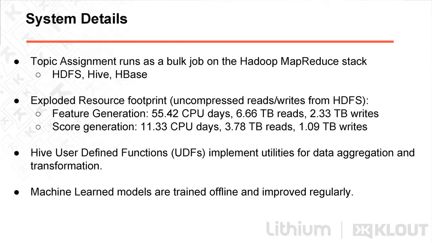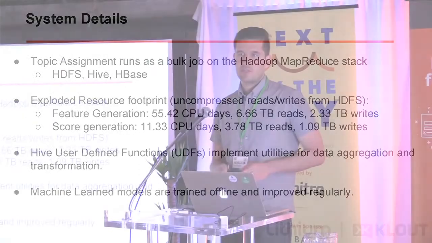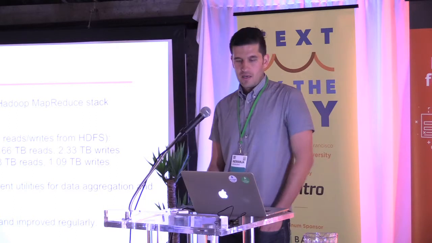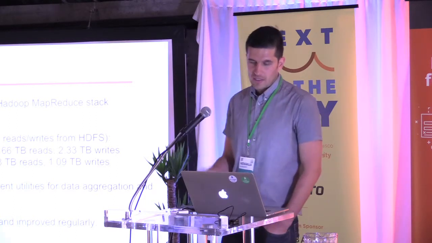As for system details, we are using pretty much what everybody is using around the Valley. We use Hadoop, we store our data on HDFS, and we use Hive and, for serving, HBase. Hive showed to be pretty useful because it gives you a couple of things. One is a data catalog, so you can put your features every day in a new daytime partition, organized by the feature name, and neatly organize them.